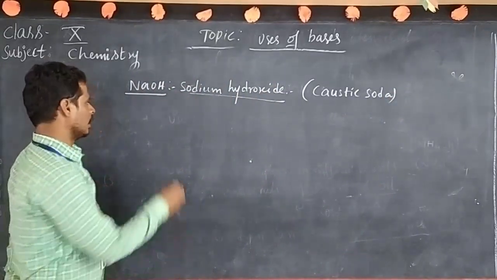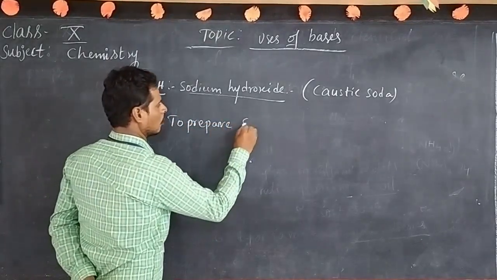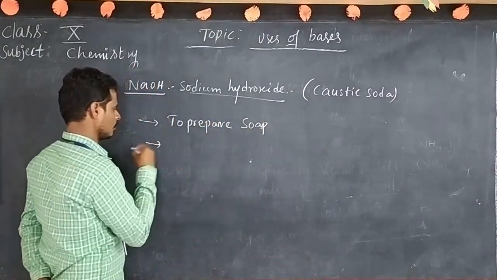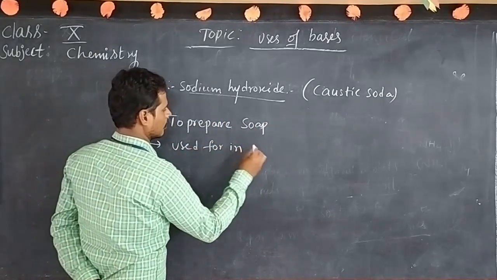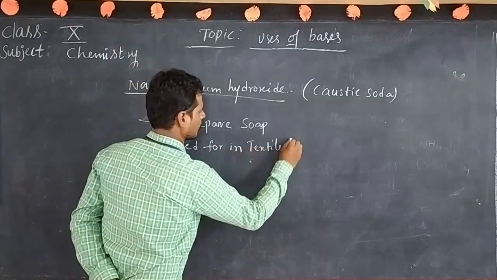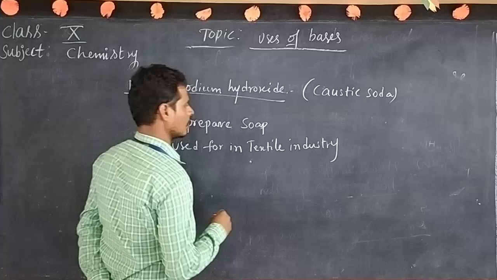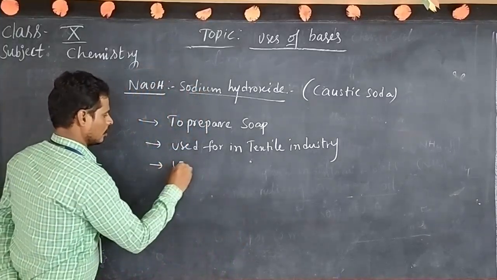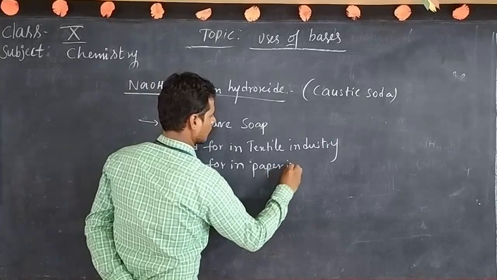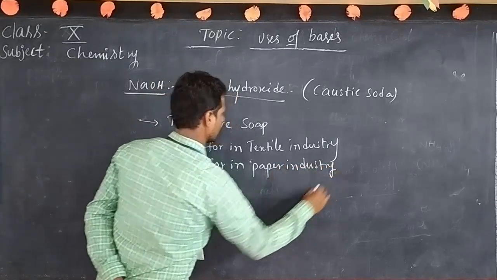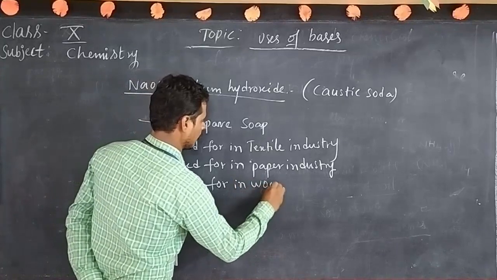We use this sodium hydroxide to prepare soap, in the textile industry, in the paper industry, and in the wood pulp industry.